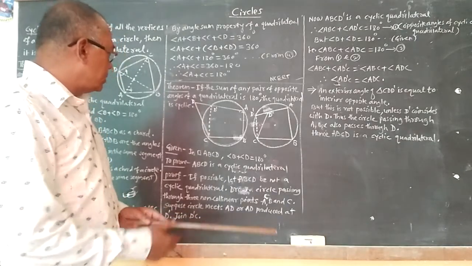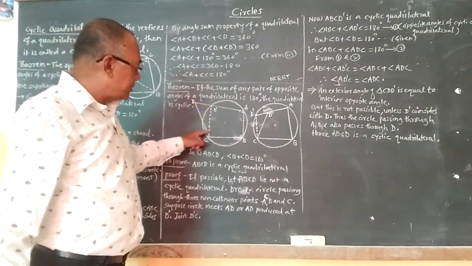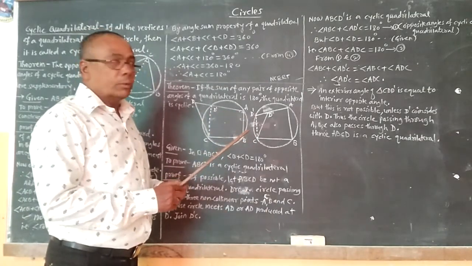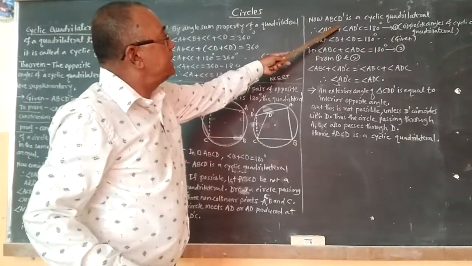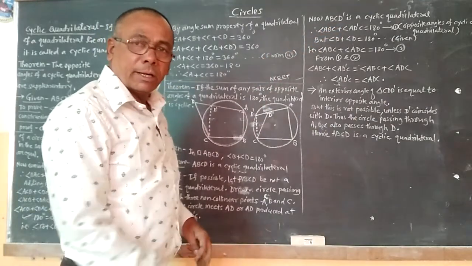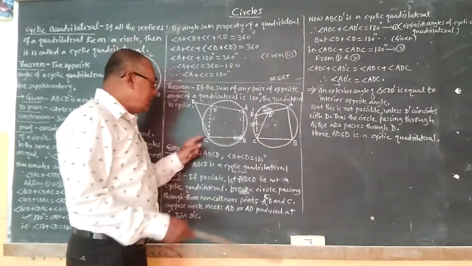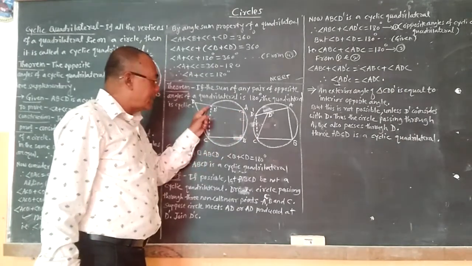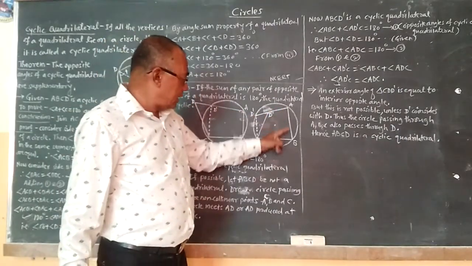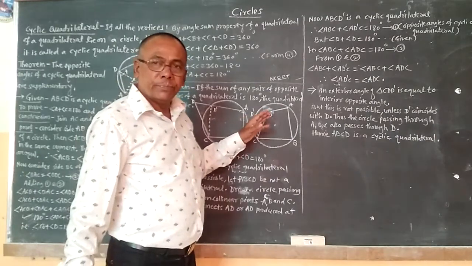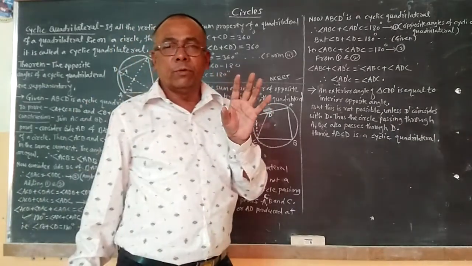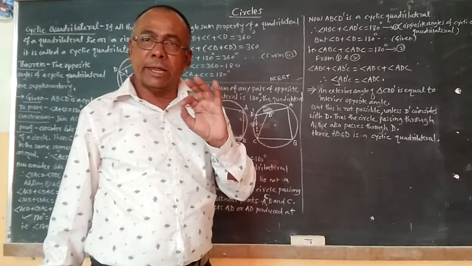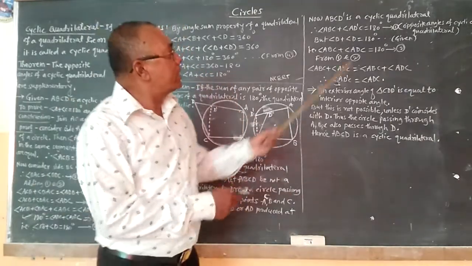Join D dash C. Here we have joined D dash C, and now ABCD dash is a cyclic quadrilateral, because all four vertices A, B, C and D dash lie on the circle, and therefore it is a cyclic quadrilateral.